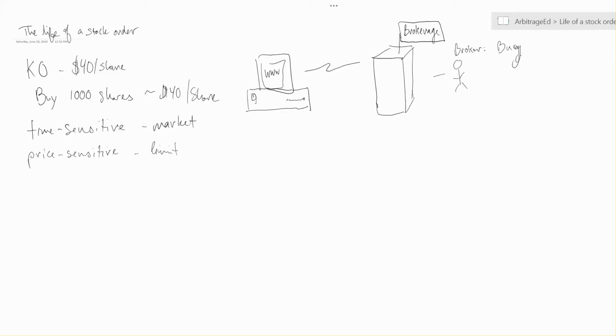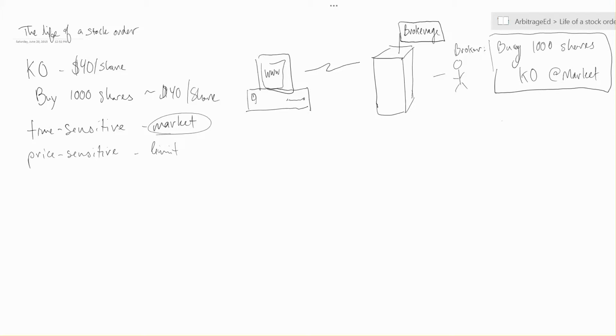The broker goes to the exchange, let's say in this case it's the New York Stock Exchange, and asks all the traders in the exchange at what price they are willing to sell shares of Coke, specifically 1,000 shares of Coke. Actually, I'm going to back up. So let's say you want to get in as soon as possible, so you choose a market order. In any case, the broker then solicits offers from traders and market makers who are also on the exchange floor.